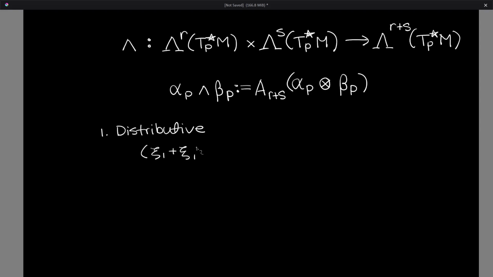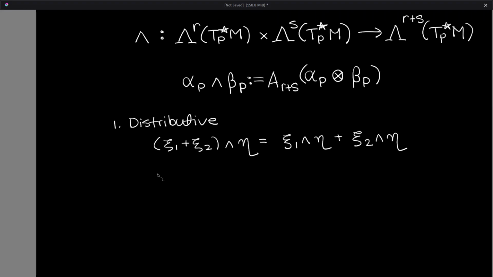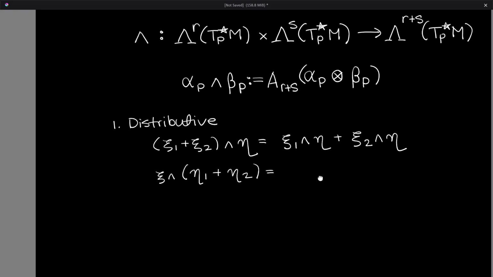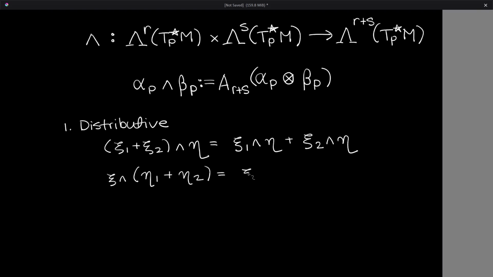Psi1 plus psi2 wedge eta is equal to psi1 wedge eta plus psi2 wedge eta. And there's another one that looks like xi wedge, let's just do both of them, why not, eta1 plus eta2 is equal to xi wedge eta1 plus xi wedge eta2.